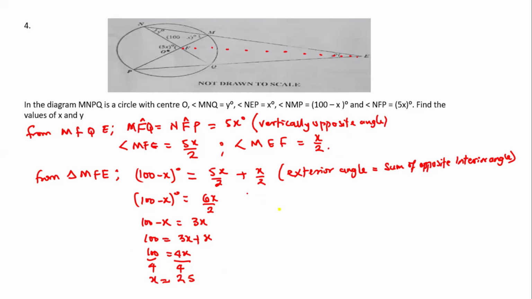So now we have our x, we need to get our y. Now, since we have our x, how do we get our y? Also from triangle NMO, we can also say 5x is equal to 100 minus x plus y.